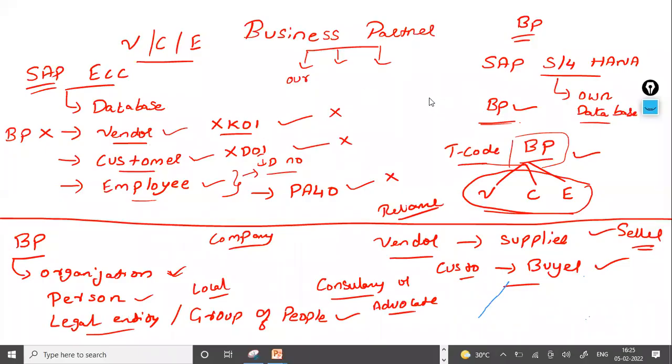Consultancy will hire you, and they will create you as a person, and they will supply you to some company. They will not supply only you to that company. They will supply 4 to 5 members at a time. So they create this as a legal entity because it is a group of people.